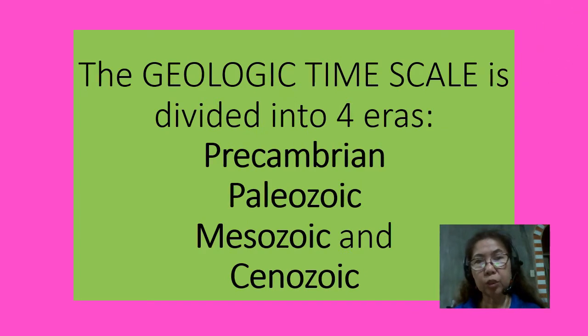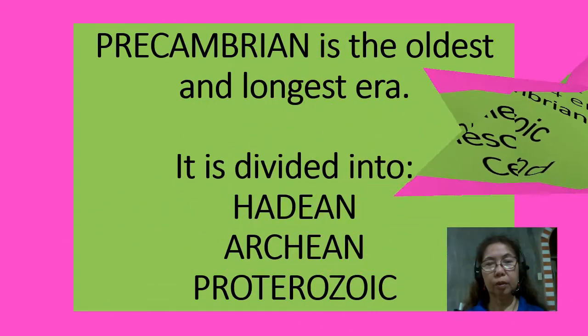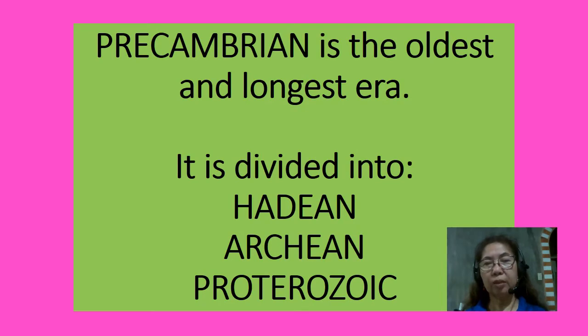The geologic time scale is divided into 4 eras: the Precambrian, Paleozoic, Mesozoic, and the Cenozoic. Precambrian is the oldest and the longest era. It is divided into Hadean, Archean, and Proterozoic.